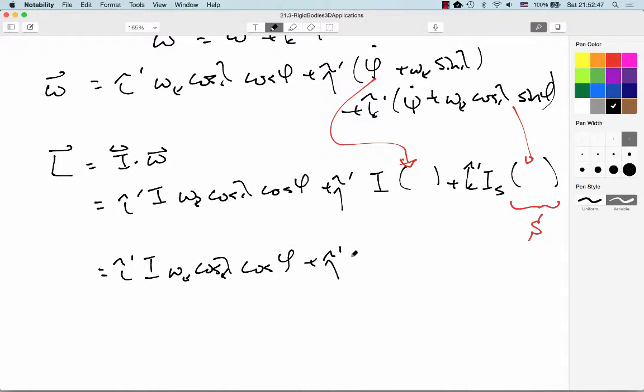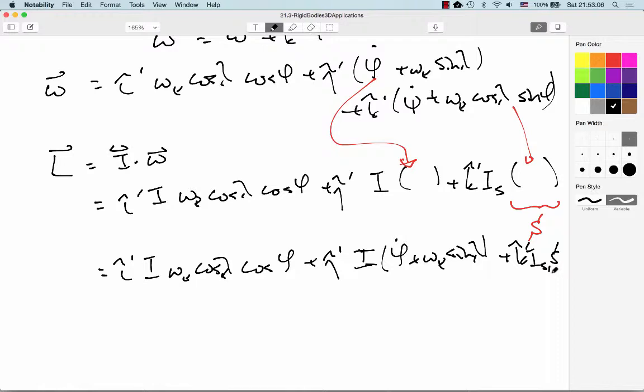Plus j prime I times phi dot plus omega E sine lambda plus k prime is s. All right.